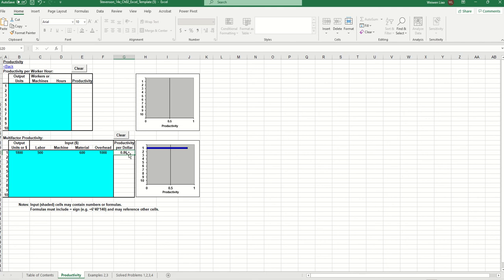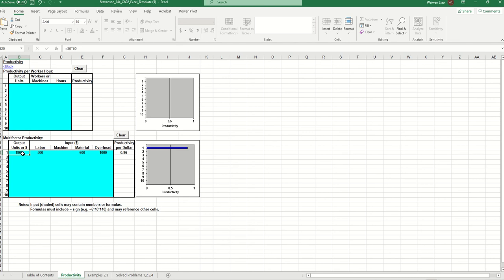Of course, this is not good. You will lose money. If this number is greater than one, that means at least you can have some added value from the input.